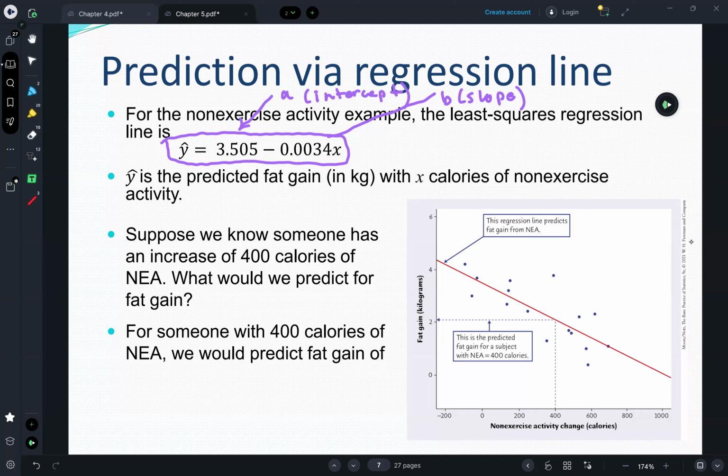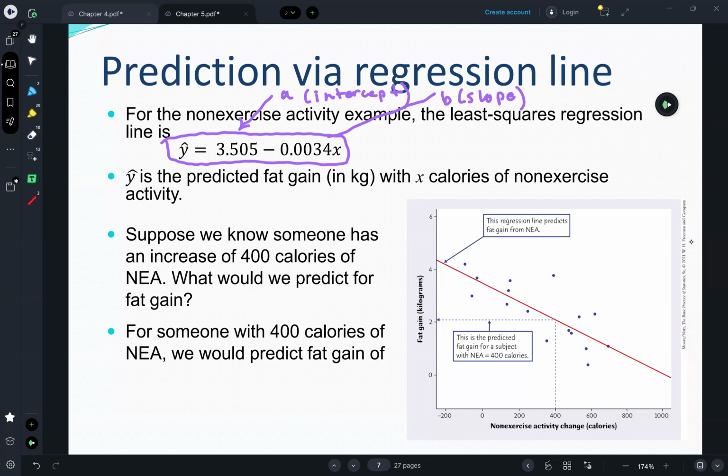You might have been wondering what NEA is. Non-exercise activity, that's what NEA stands for, from the slide at the beginning of the chapter. If we have a non-exercise activity change in calories of 400, we can predict a fat gain of just above 2.